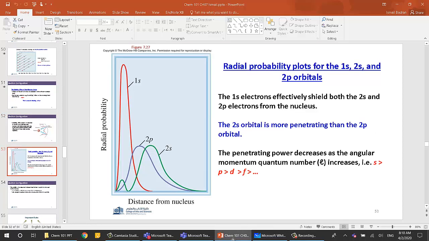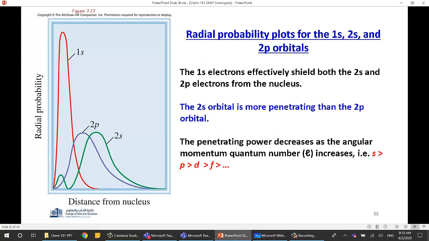But the other important one is the penetration. If you look at the orbital diagram for the different orbitals, let's say 1s and 2p and 2s, you will see that they have different curves. In this graph, you have the radial probability on the y-axis. This is the probability of finding the electron in a given orbital. And you have the distance from the nucleus.